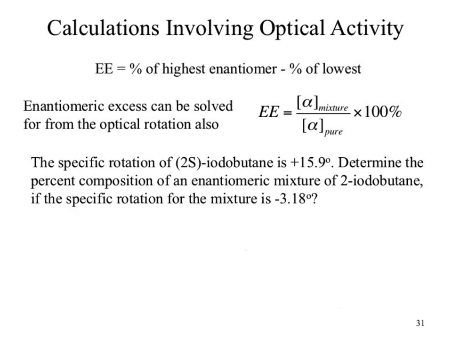So we want the percent R. Come on. So information we've got, the enantiomeric excess. So what should we divide it by? It says the value for the pure. Do I want to be dividing by positive 15.9?